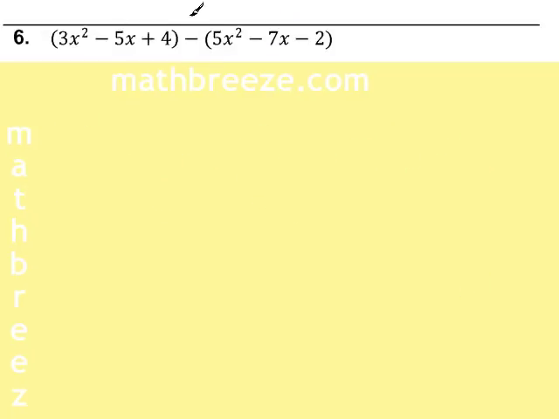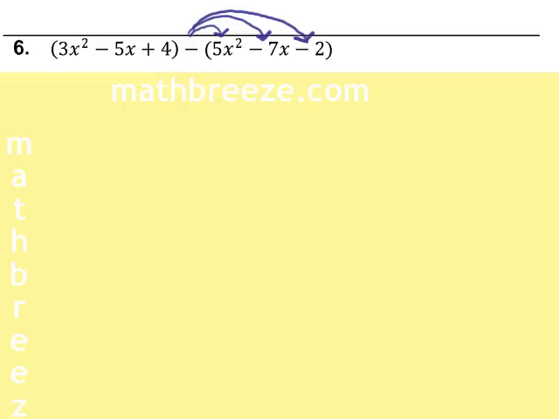In number 6, again, we're going to distribute this minus in front. All right, first set of parentheses will just drop. And then we have minus 5x squared. Now minus times minus is plus, plus 7x.